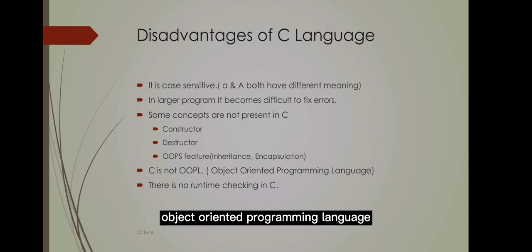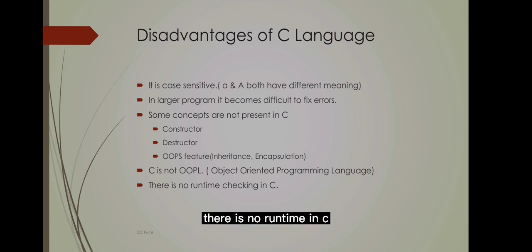Object oriented programming means we can create a class for different subjects and declare functions in it, but there is no option of this in C language. If you are unfamiliar with this topic, don't worry, this is just a concept which other languages have but C lacks. There is no runtime in C. Now let's go to the next slide.